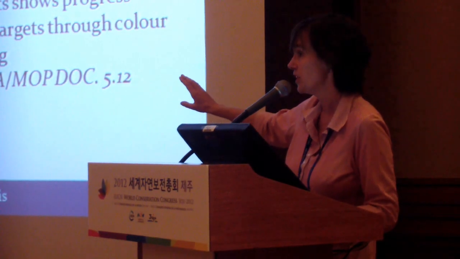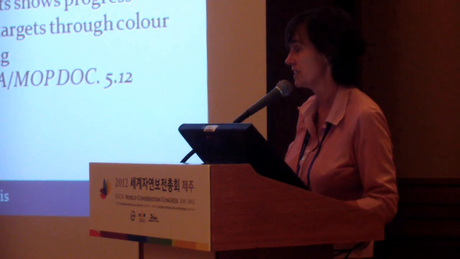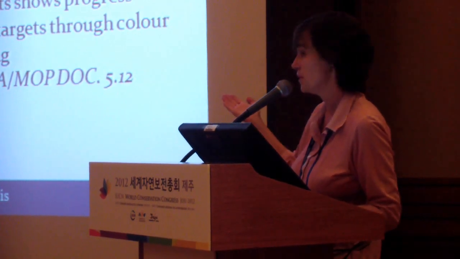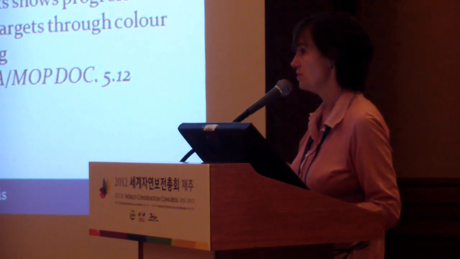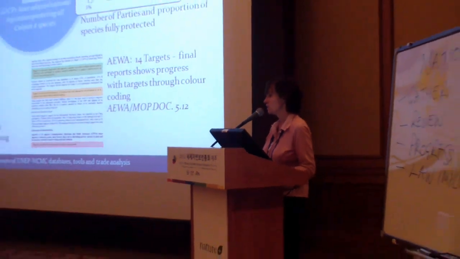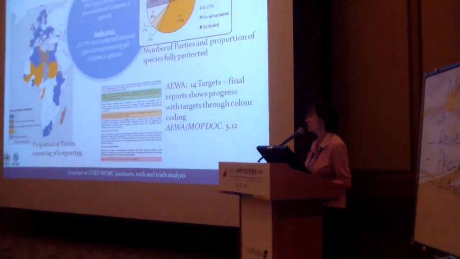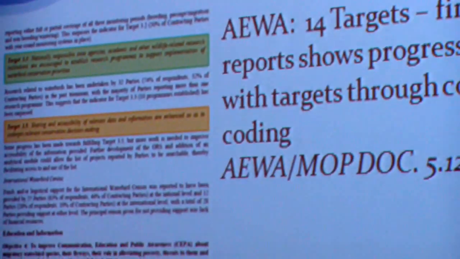The yellow box shows us the targets that are becoming closer to achievement. And the red box shows us areas for much further work. So again, this can be used as a tool to help prioritise where resources are needed with the different parties in terms of achieving the different targets.